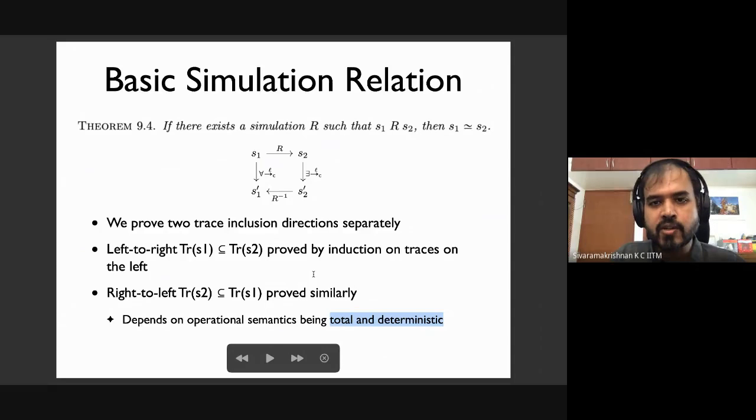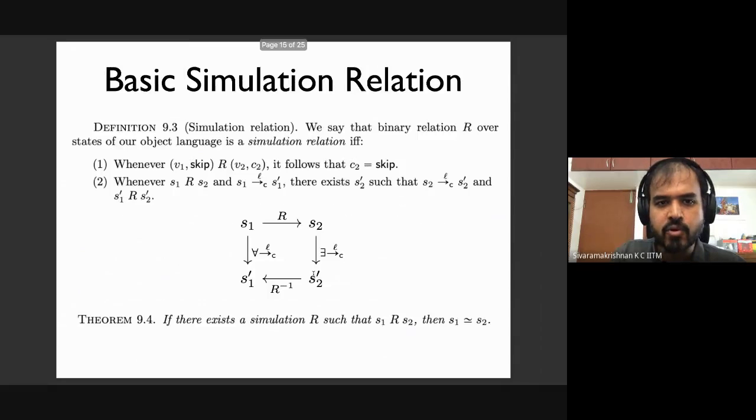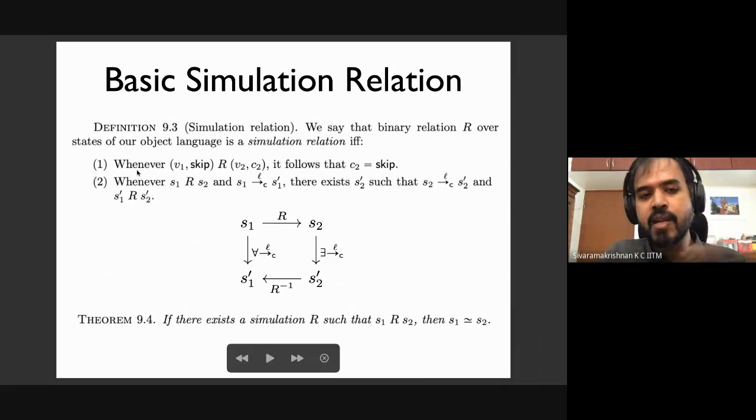What we are now going to do is generically prove, for any simulation relation R. What do we mean by simulation relation? It has this agreement property that they agree on termination, and it has this step property. We will call this one step, right? That if S1 can take a step with label l, then S2 can also take a step with label l, right? And the resultant states are related by this relation as well.